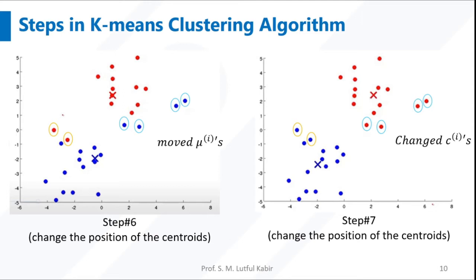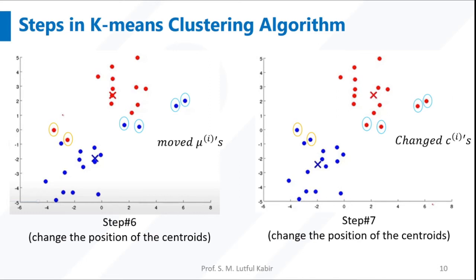So we can see that the movement of the centroid and the change of association have to be executed consecutively so that the centroid position finally comes to a point where there will be no movement. You can see at this particular step, the association is now to this centroid and the association of all the points to this centroid.